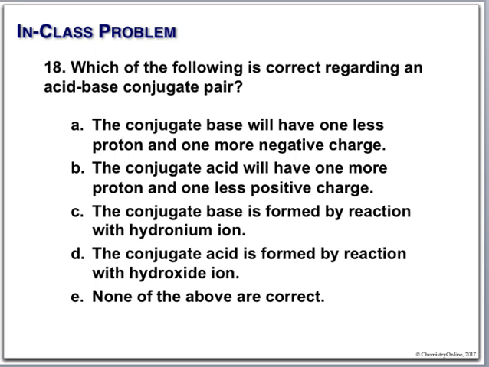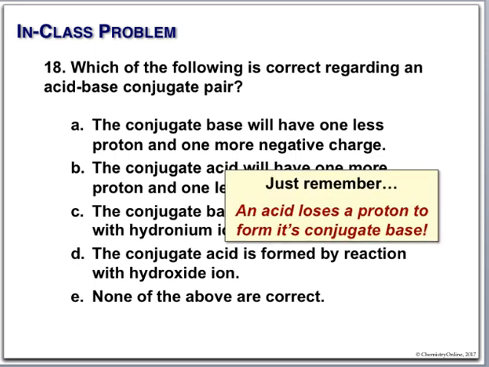Well, remember, and we wrote on our card, what we know about a conjugate acid pair. An acid will lose its proton to form its conjugate base. So it's going to lose a proton. It has to be the same compound. It just loses a proton.